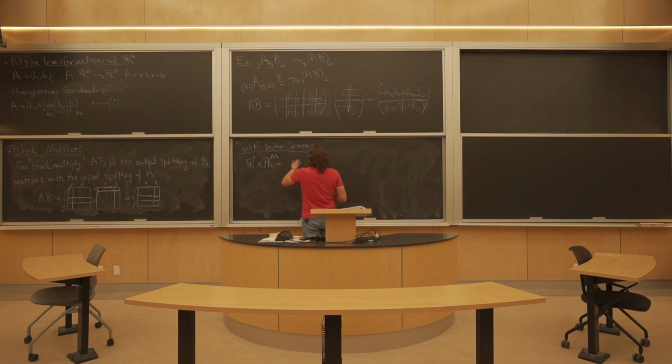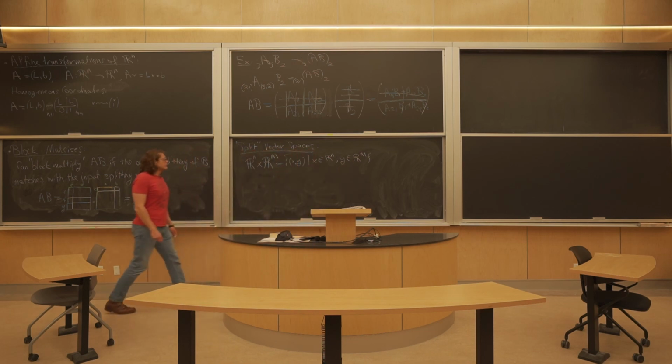So x, y, this is ordered such that x comes from the first input and then y comes from the second input. Okay? Now this is essentially the same thing as Rn plus m, but really I want to keep this separation. I want to say that this is my first channel and this is my second channel. It just happens to be the case that my first channel is n-dimensional and my second channel is m-dimensional. Okay?